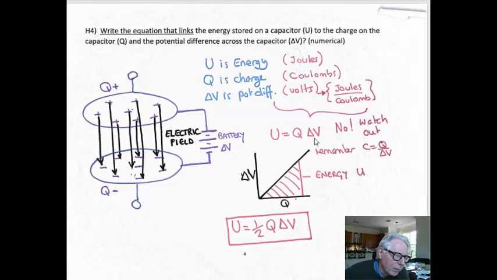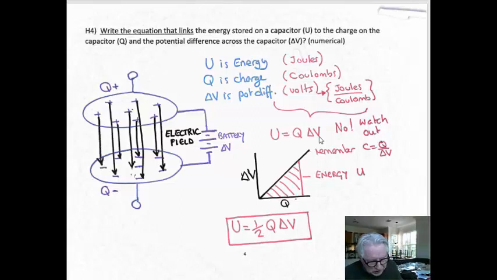This would work if I had a certain potential difference and I was able to add more and more charge at that voltage. So if I had charge flowing from one battery to another through a resistor, and I wanted to know how much energy is dissipated in that resistor, I know the coulombs of charge coming through and the potential difference they drop.